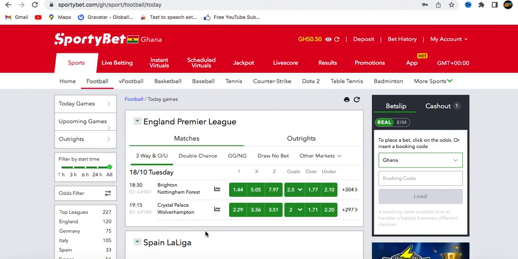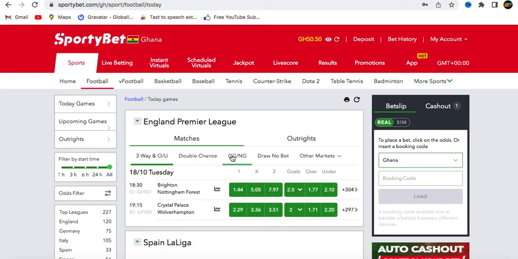In Sportybet they will give you more market strategy to bet on, like 2.5 goals, 3.5 goals, 4.5 goals, and others.